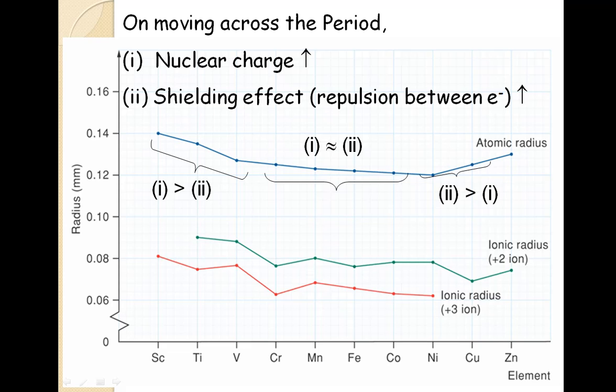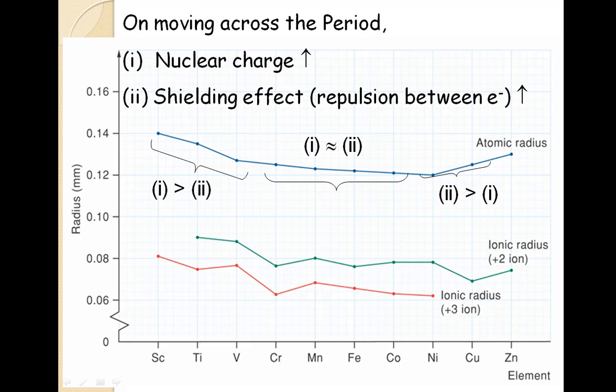Here we have written the name of the elements of first transition series. So, if you take the first three elements, that is in the beginning of the series, atomic number goes on increasing from scandium, titanium and then to vanadium.